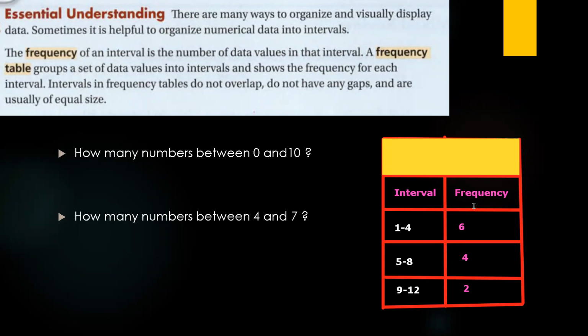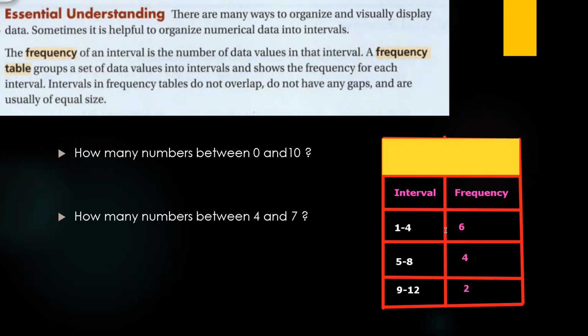The frequency means how many girls are born from the first up to the 4th month. They are 6. And 4 girls are born from May to August, and 2 girls born from September to December. This table we call a frequency table.